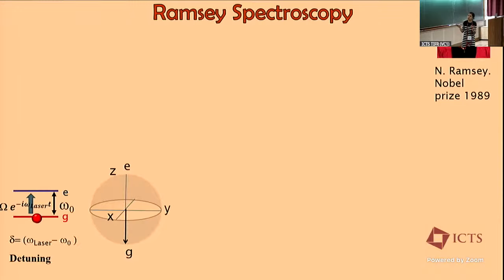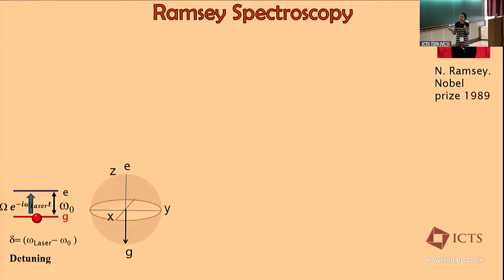So now, in order to lock the atoms to the laser, we use a protocol called Ramsey spectroscopy, in honor of Norm Ramsey. He received the Nobel Prize in 1989 for that type of sequence.